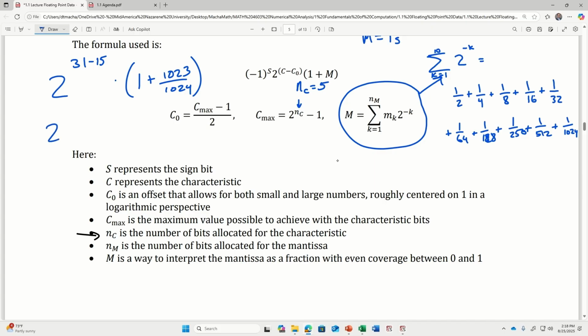So we've got 2 raised to the power 16 times whatever that is. And this is where it would be nice to have a calculator. And you remember, you're allowed to use a calculator on your test.